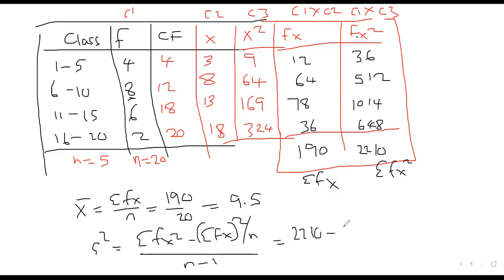So 210 minus 190 squared over 20, everything over 20 minus 1. So 190 squared divided by 20, minus, divided by 19. So the final answer is 21.3.